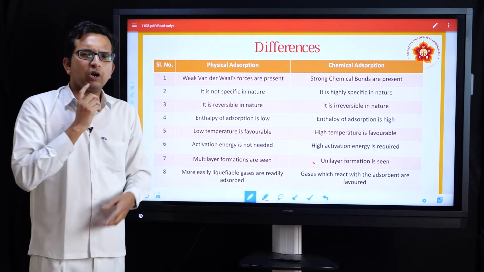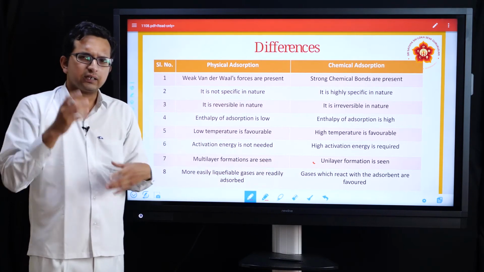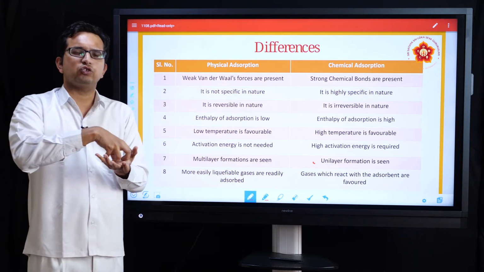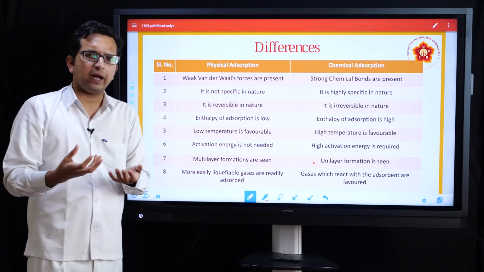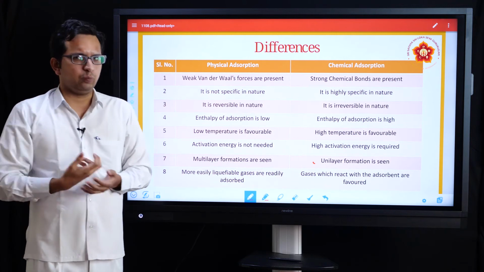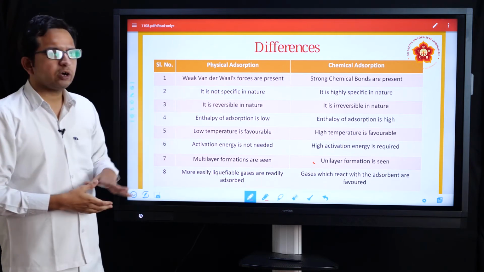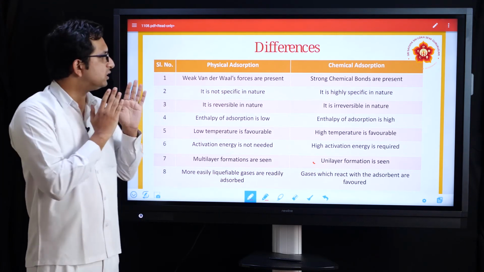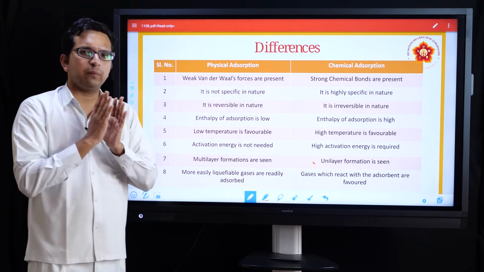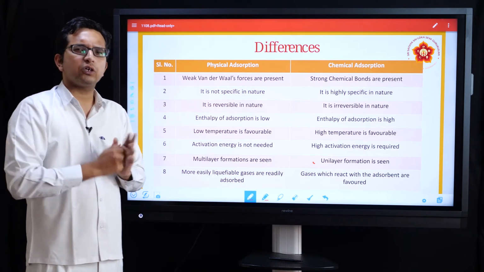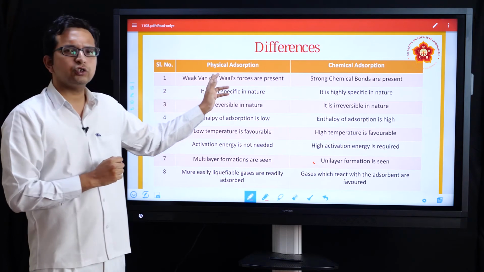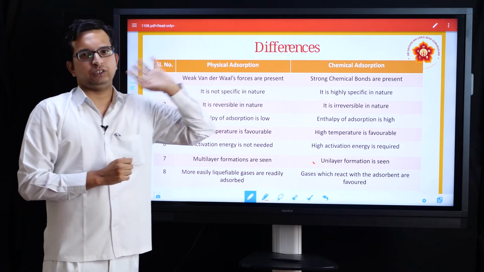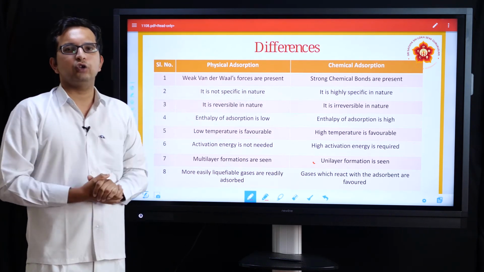Here it is more of a weak force, whereas there the gases will actually react with the adsorbent, and if you want them back, you can supply temperature and remove them. So this is how we come across the differences between physical adsorption and chemical adsorption. In short, we also have other names for them: physisorption and chemisorption.